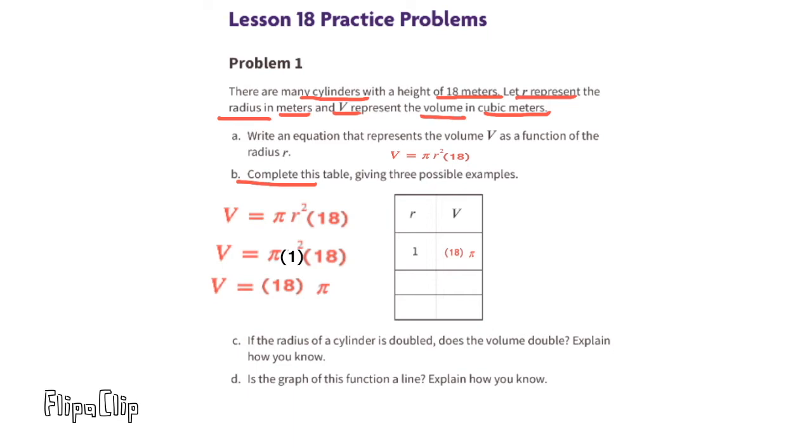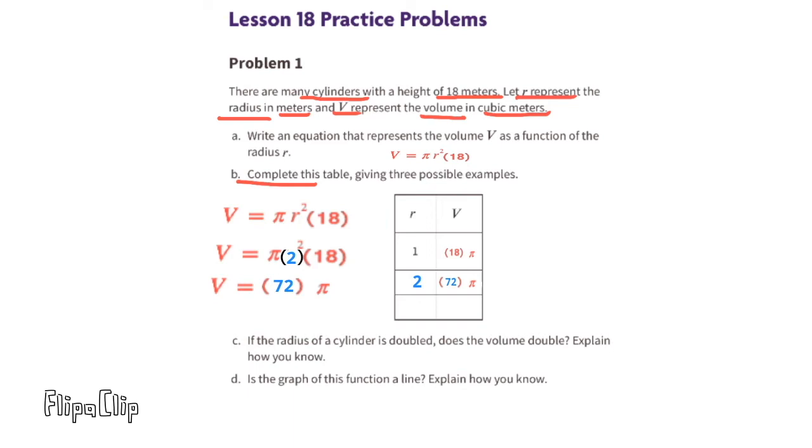For the next row in the example, let's use 2. So now we can substitute the R with a 2. V equals pi times R squared times 18. 2 squared, 4, times 18 equals 72. So when the radius is 2, the volume is 72 times pi.